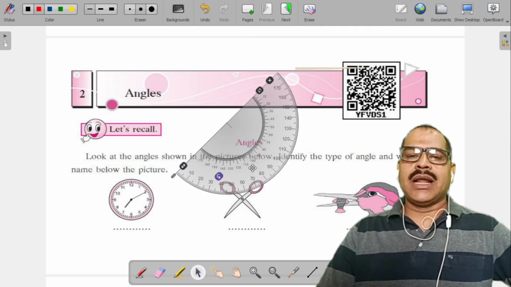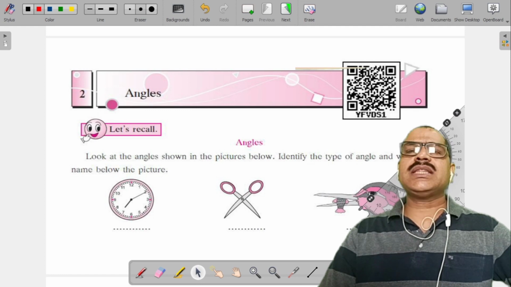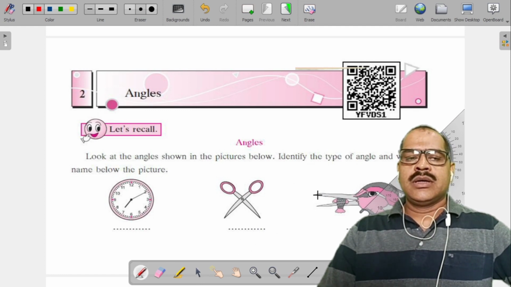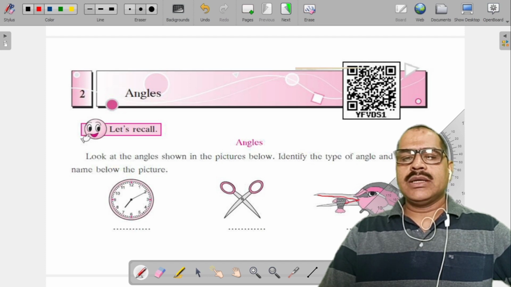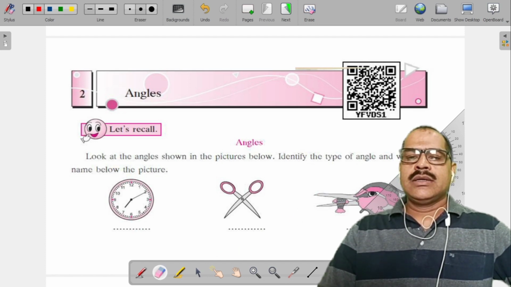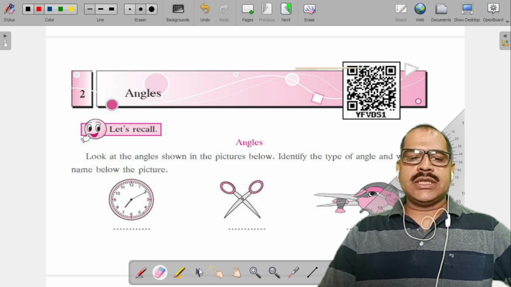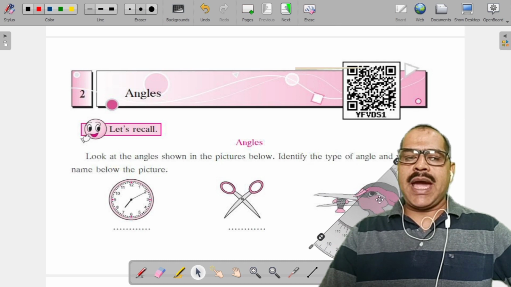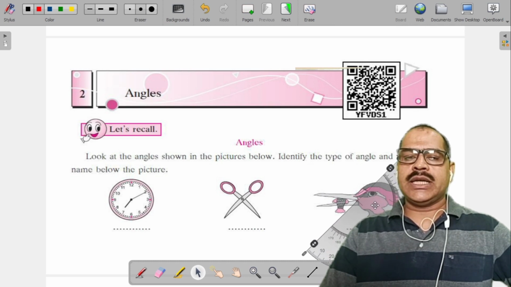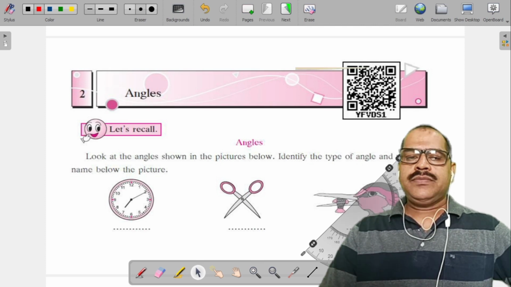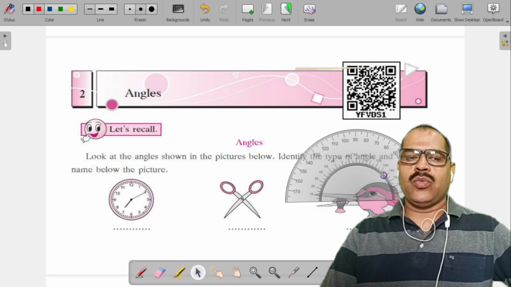And in a similar manner, we can measure the angle between the edges of the beak of the bird in this way. So how to measure? I keep the protractor in such a way that the reference point matches the vertex of the angle, and I rotate the protractor in such a way that one side is overlapped.